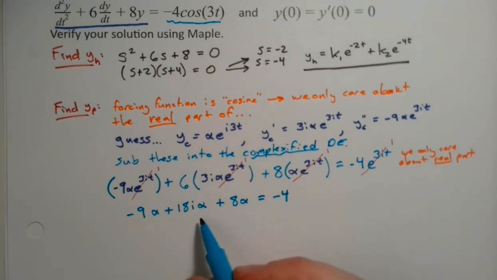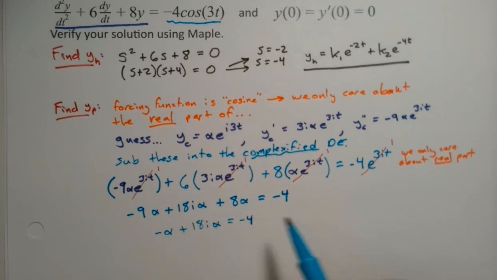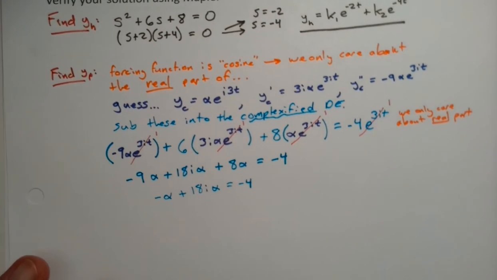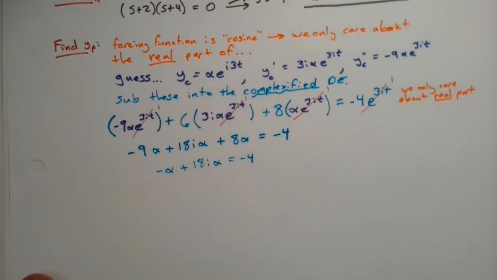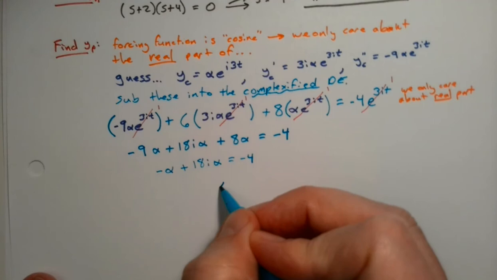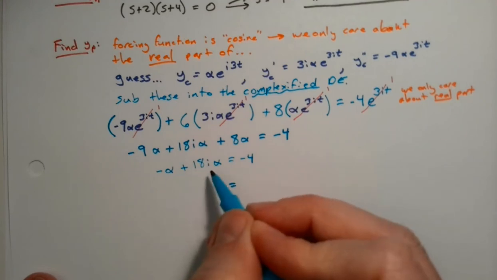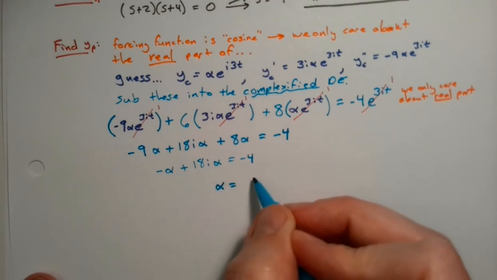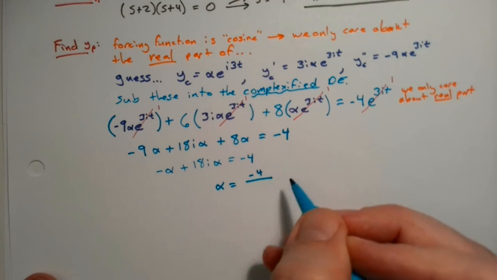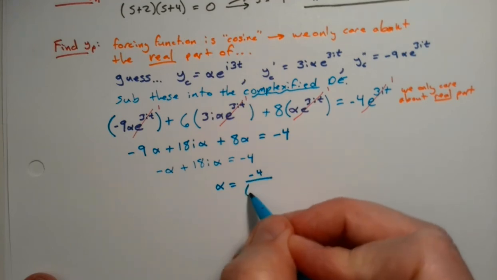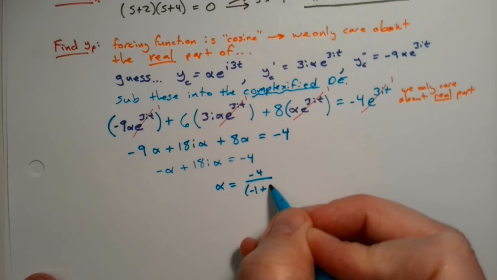Combining those two things, we have negative alpha plus 18I alpha equals negative 4. With a little bit of fancy footwork, you can see we wind up with alpha equals, I'm going to factor out an alpha from this and then divide it over. It's going to be negative 4 on top, and on the bottom it's going to be negative 1 plus 18I.